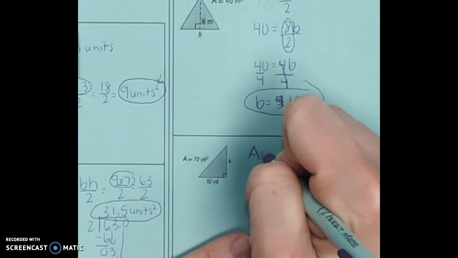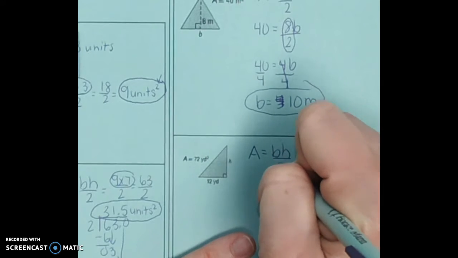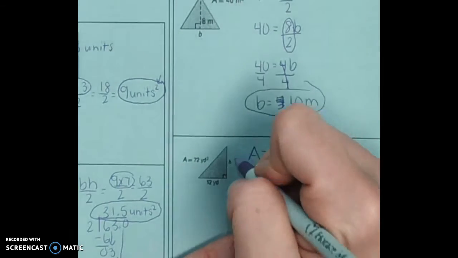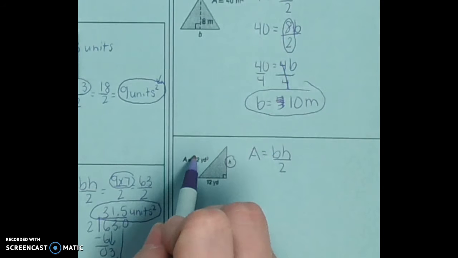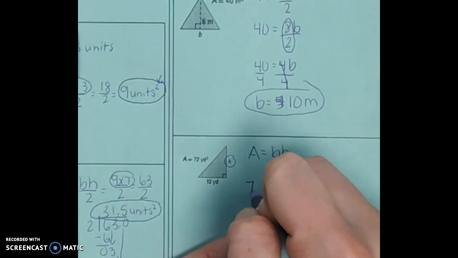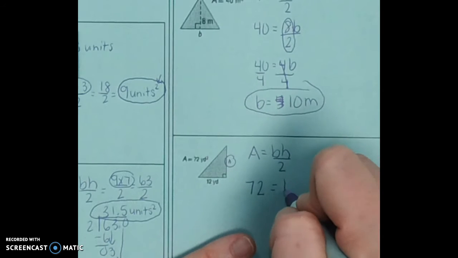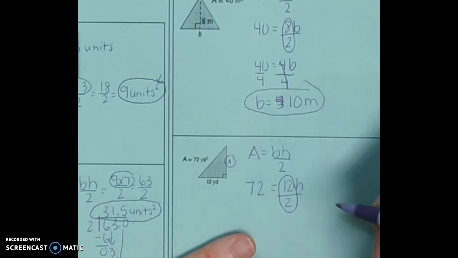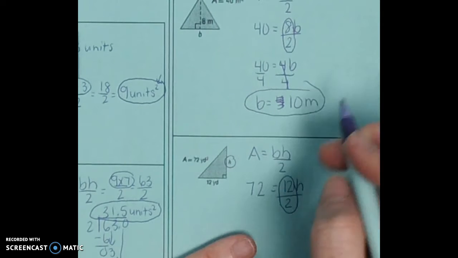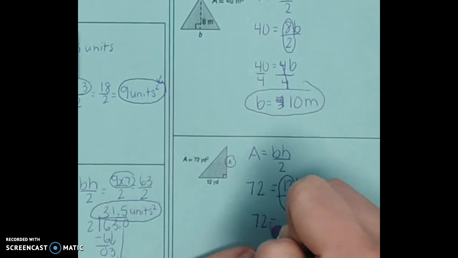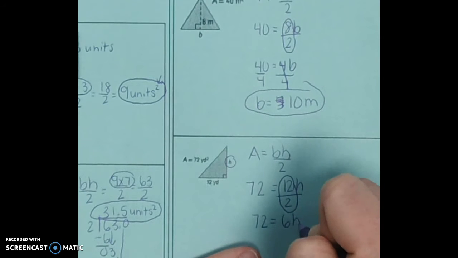I'm going to write the formula, A equals base times height divided by 2. We're trying to find the height on this one. So we're going to plug 72 in for A. So 72 equals, our base is 12, and H divided by 2. So 12 divided by 2 is 6. So let's rewrite that. So we have 72 equals 6H.